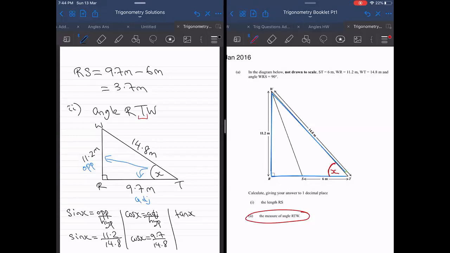Those using tan, you're supposed to use 11.2 over 9.7. So it just depends on which one you are using.